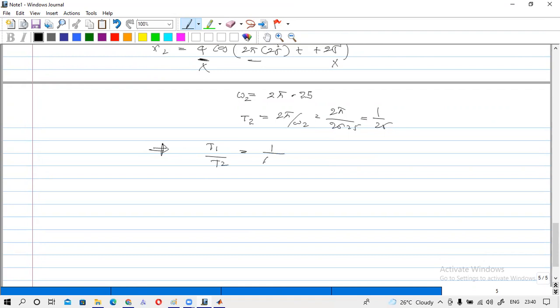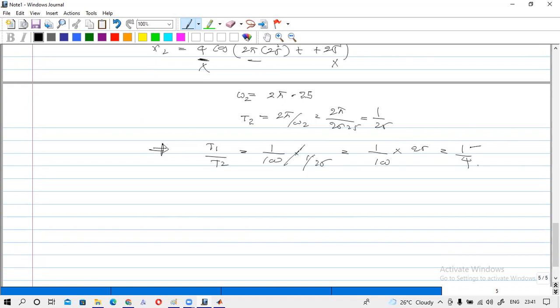T1 is 1 by 100, and T2 is 1 by 25. So I have to divide 1 by 100 by 1 by 25. That means 1 by 100 should be multiplied by 25. So you will have 1 by 4. So T1 by T2 is equal to 1 by 4.